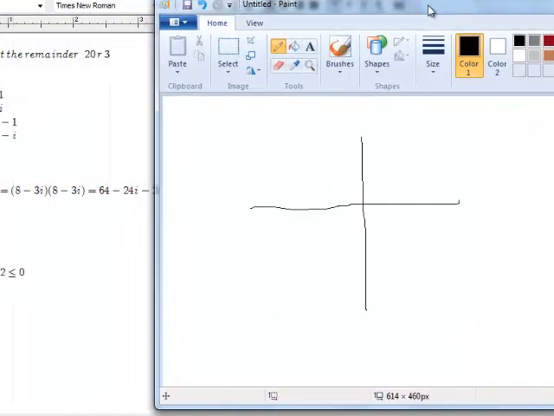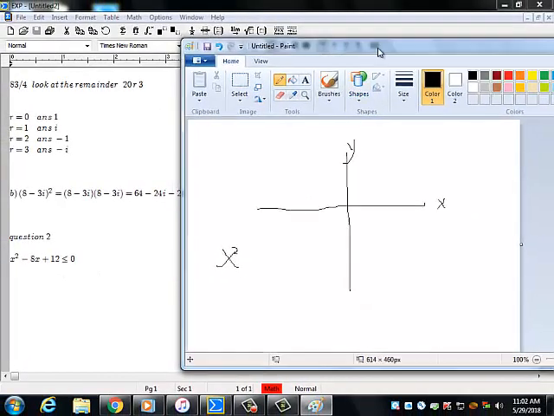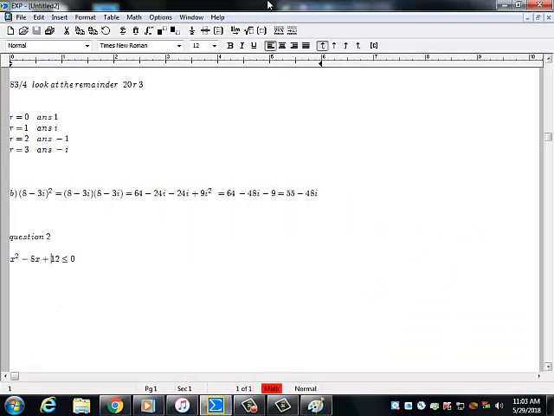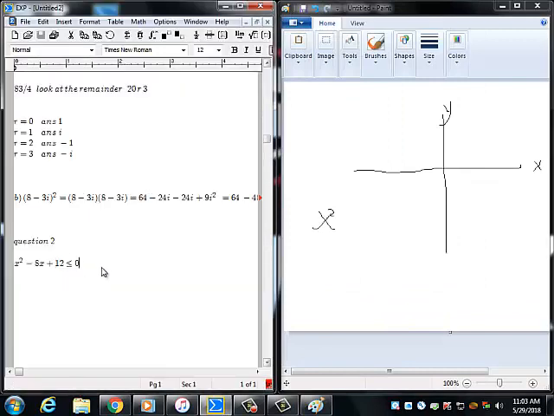We got an XY axis. This is X. This is Y. We're graphing x squared minus 8x plus 12. Because we factored that, we got x minus 6, x minus 2, that gave us x equals 6 and x equals 2.